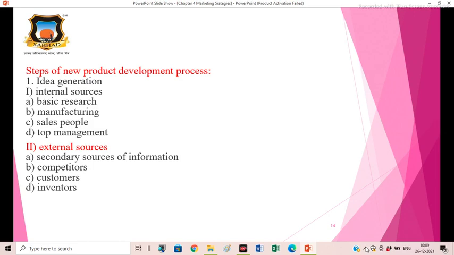People who manufacture products often have ideas about the modifications and improvements that can be made. The next is salespeople. Salespeople are the ones in constant contact with the customers.